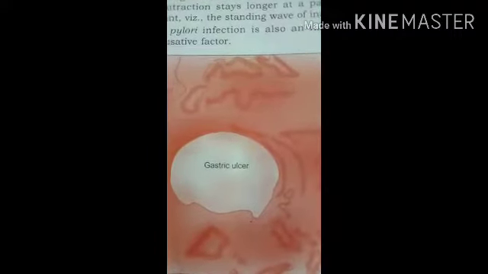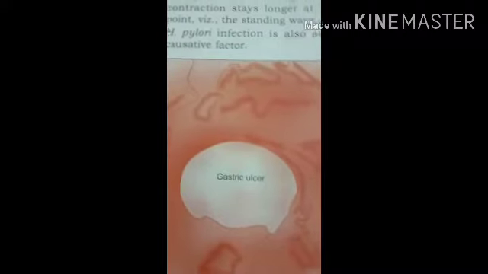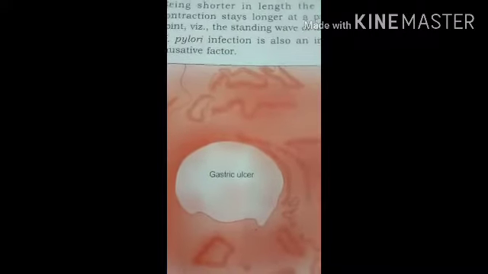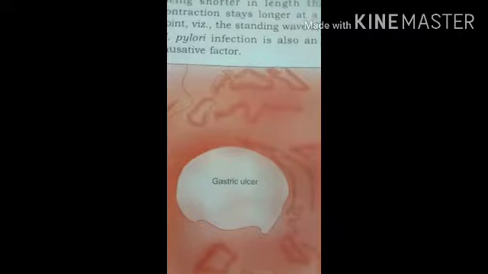The next clinical point is that for the diagnosis of any disease related with the stomach, two procedures are done.